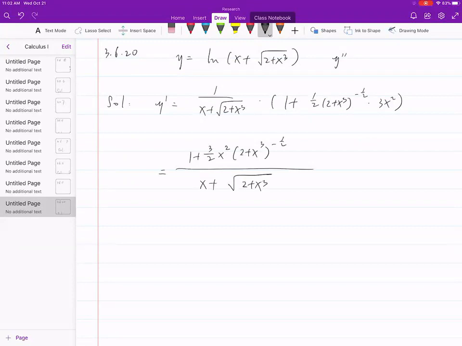Okay, step 1 done. Now for step 2, there's no shortcut. We have to use the quotient rule. Even if you apply the ln, it won't save too much trouble, I would say.